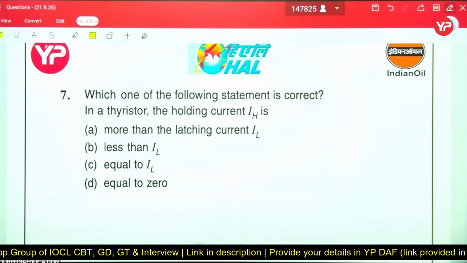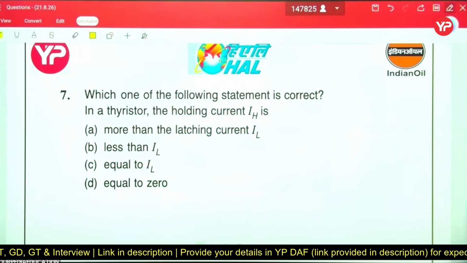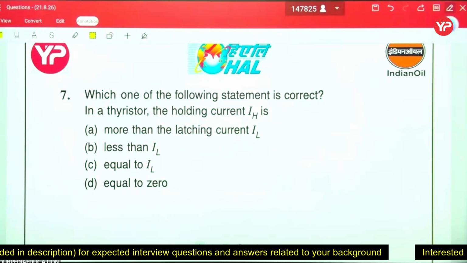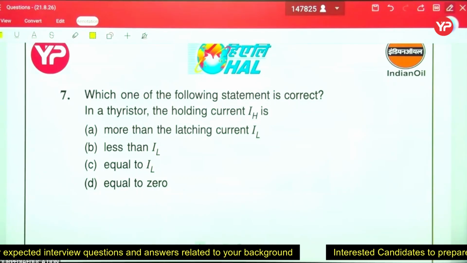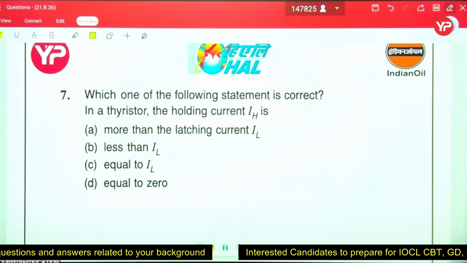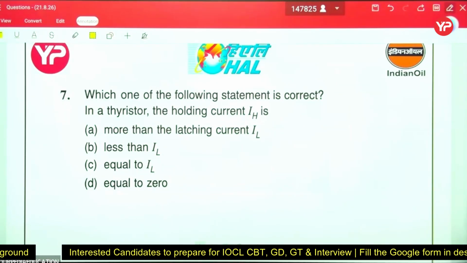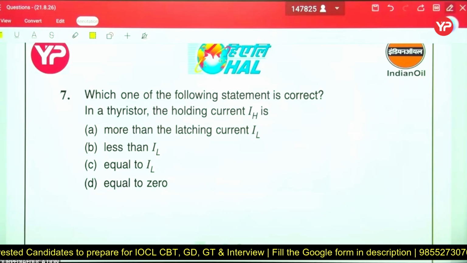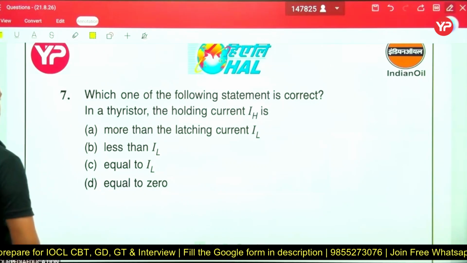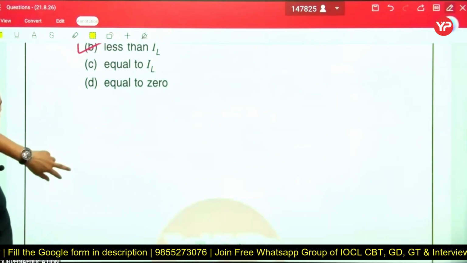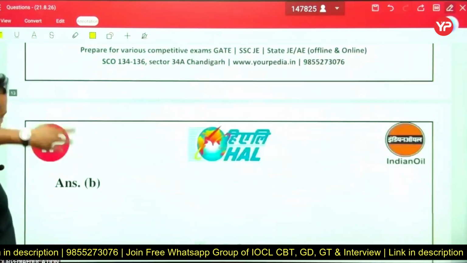Shreya? Less than the latching current. Actually, the latching current is greater than the holding current. Yes.